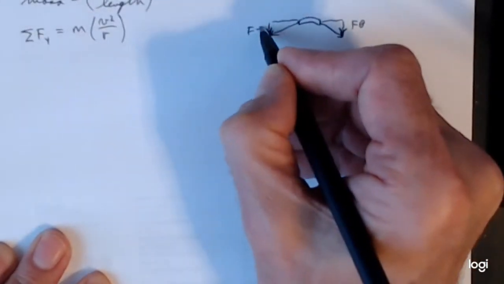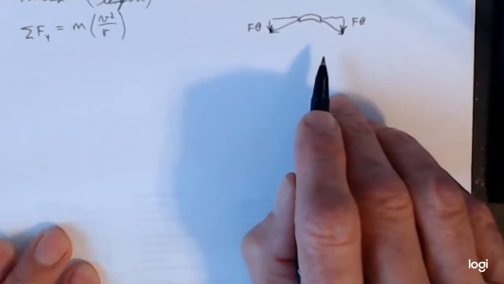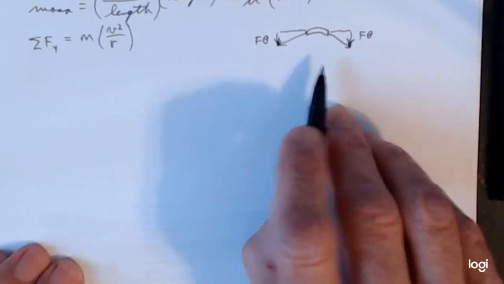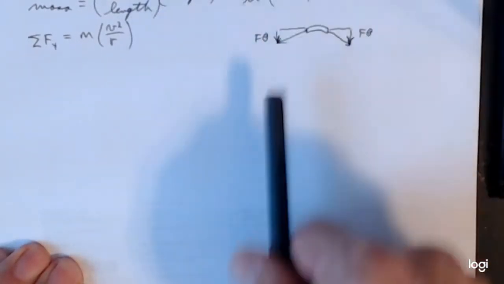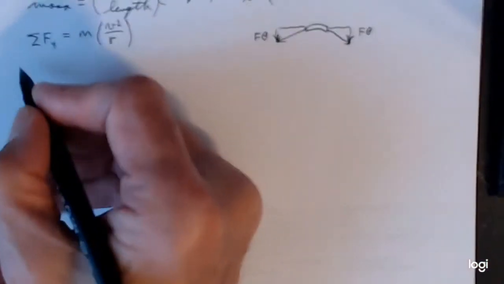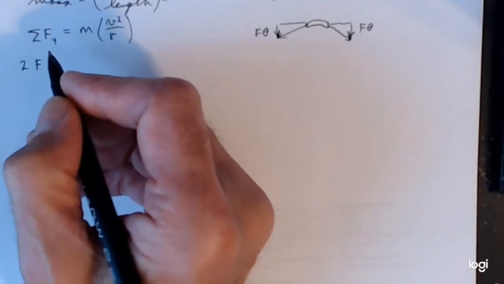Actually F sine theta, but I was making the small angle approximation of sine theta equals theta. So the total force pulling downward toward the center of curvature of this little piece is 2 times F times theta.